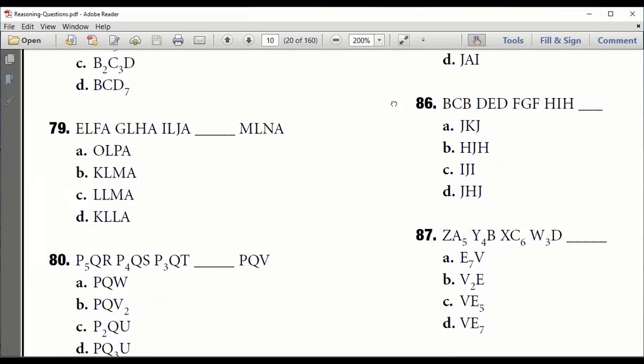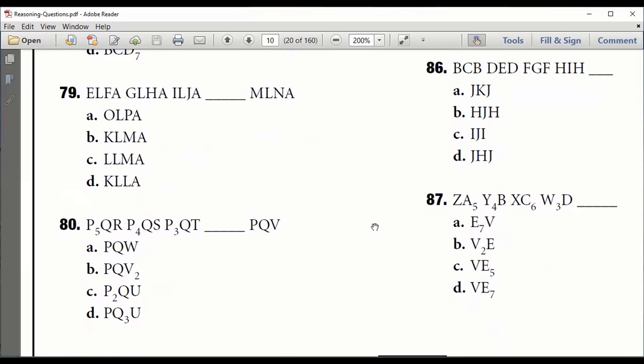Should be 79. Yes, sir, I'm just solving. Just 2 seconds more, please, sir. No problem. Take your time. So D. Explain.